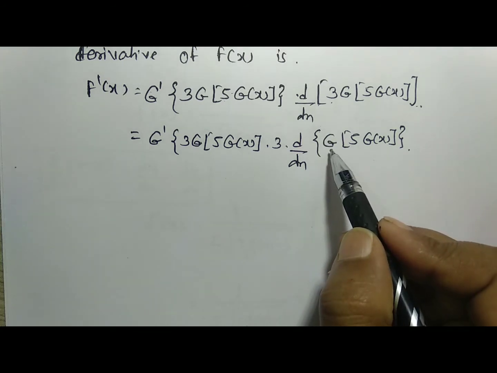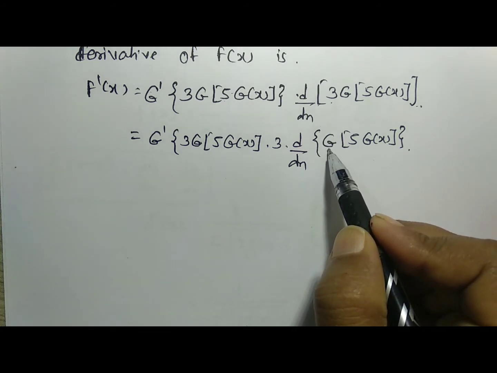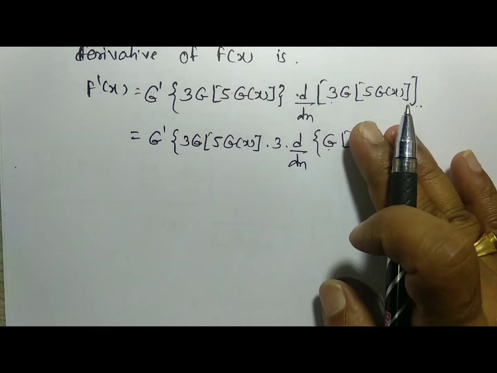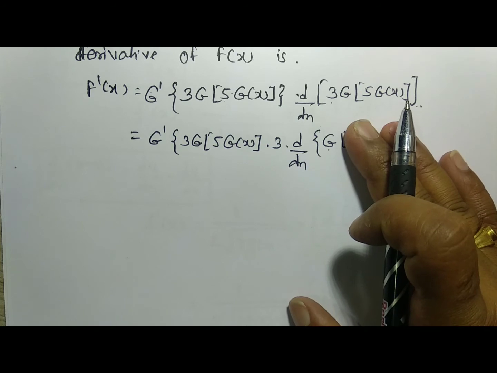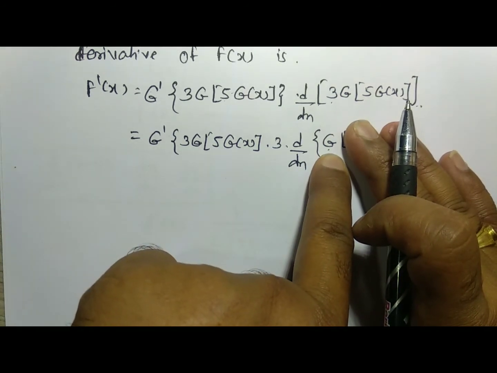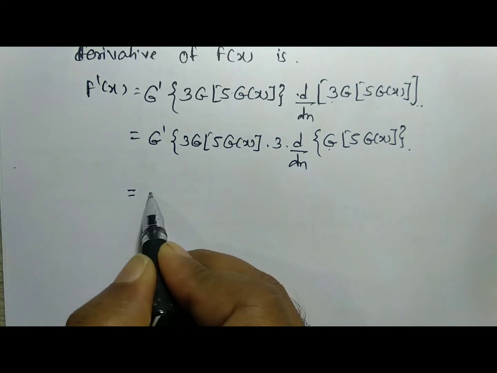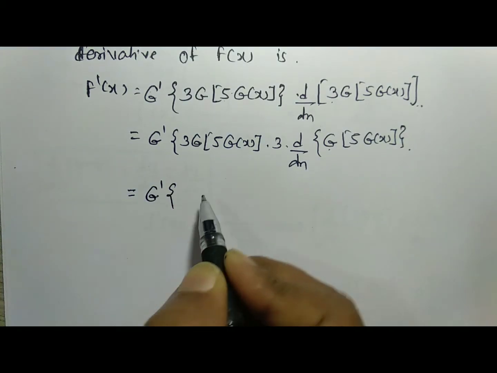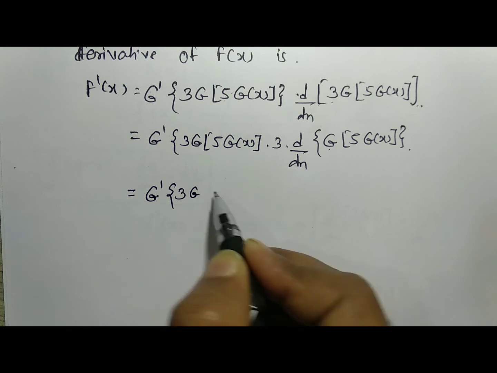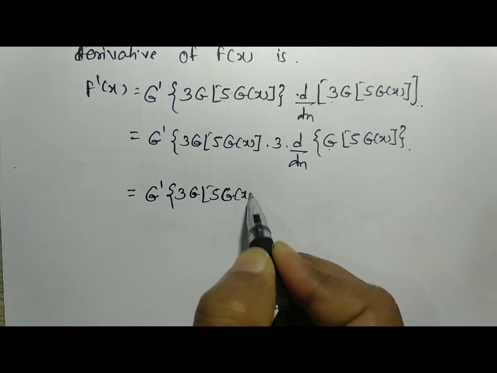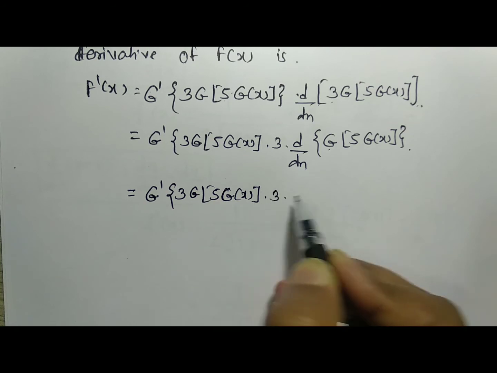First of all, we go with the derivative of that g, covering the expression inside with our fingers, and the derivative of g is nothing but g', and therefore you get g' inside the bracket 3g 5g of x, into 3 into g' of this.